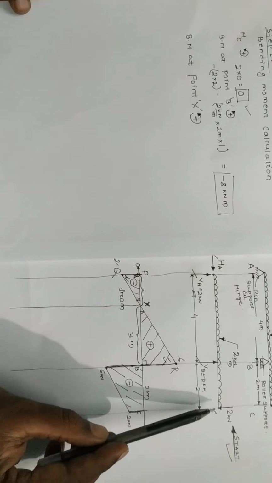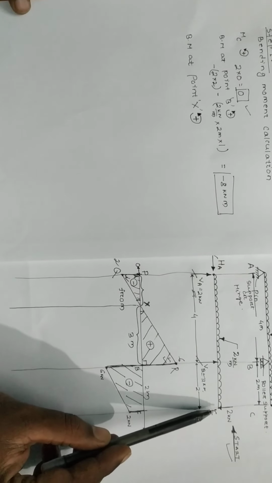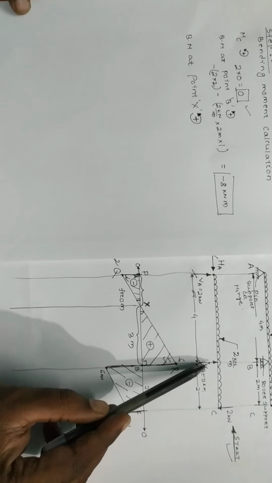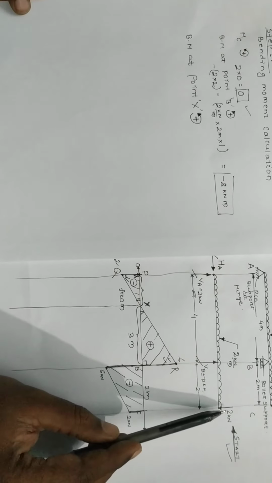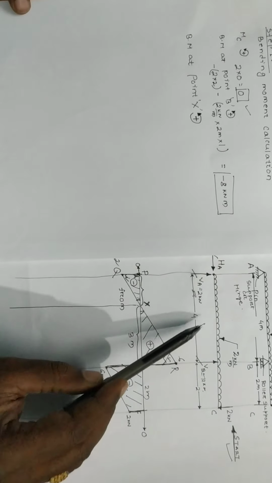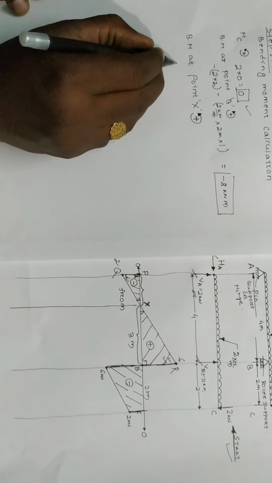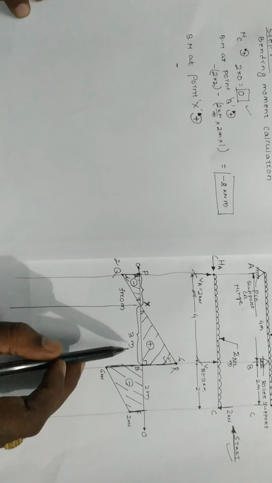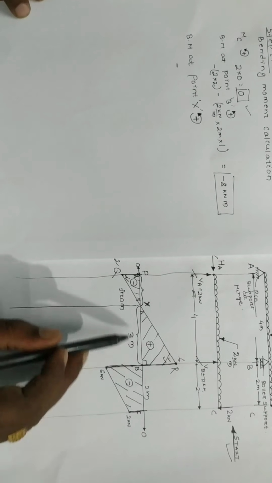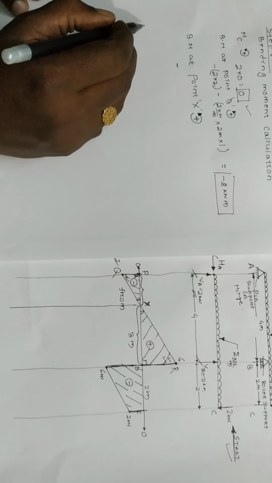One is the 2 kilonewton downward force, one is the directly upward reactive force, and the UDL up to X. So due to this 2 kilonewton force about point X, what will be the sense of the moment? It is clockwise, so this will be minus. And what is the distance? Perpendicular distance between the line of action of the 2 kilonewton force and point X is 3 plus 2, 5.